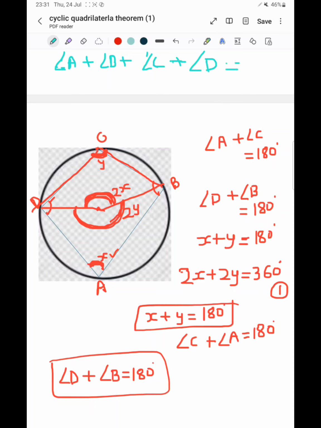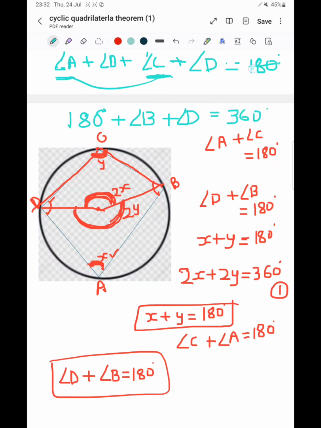Already we know that angle A plus angle C is 180 degrees, so I can replace this by 180, and then we have plus angle B plus angle D, and that is equivalent to 360. Sorry, here it is not 180, it is 360. All the four angles add up to 360.